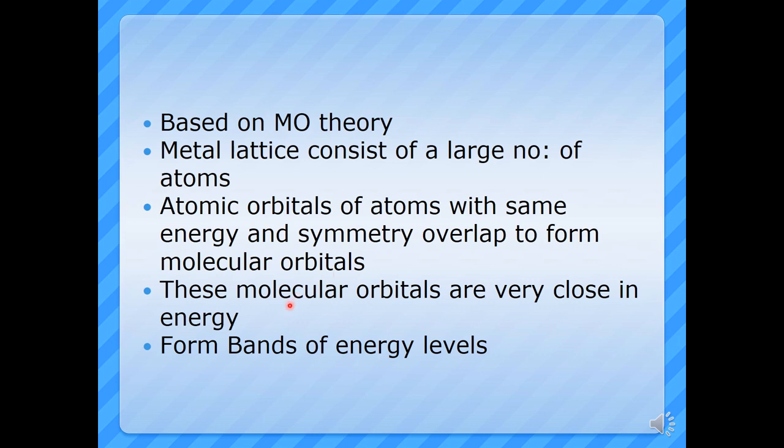And these molecular orbitals are so close in energy that they form bands of energy levels. Since a large number of atomic orbitals combine, forming a large number of molecular orbitals with the same or almost similar energies, they form bands of energy levels.